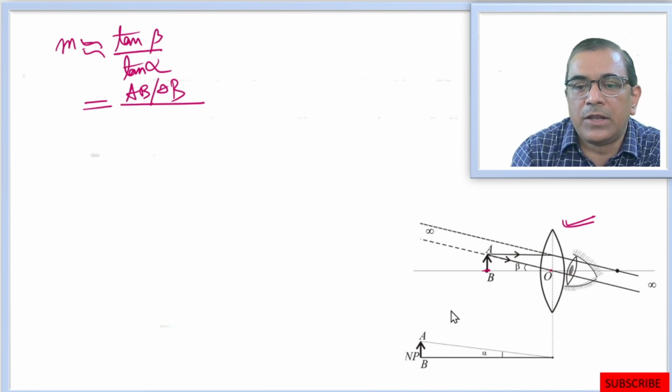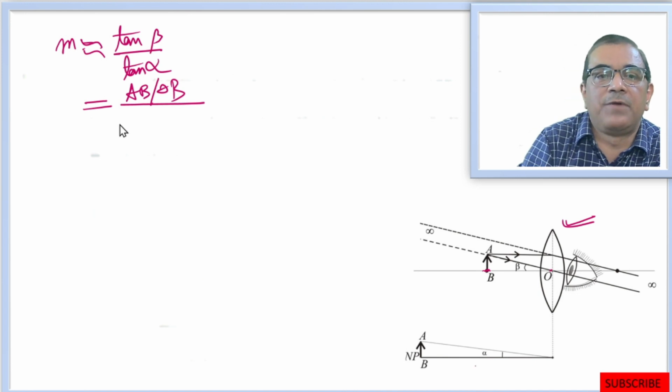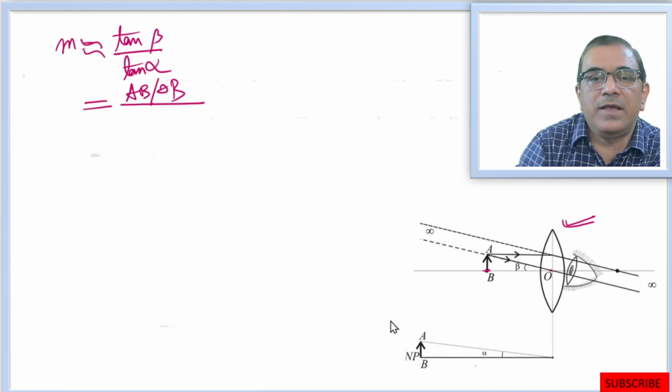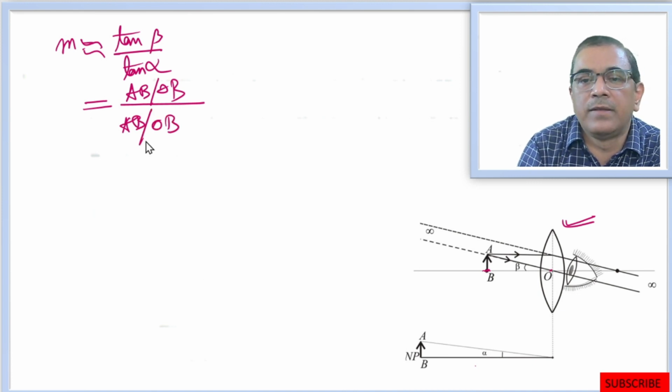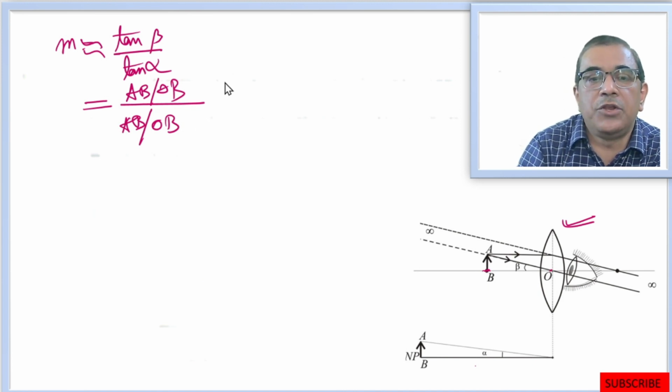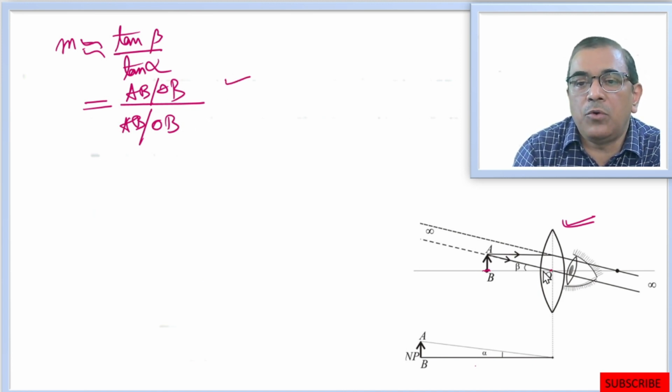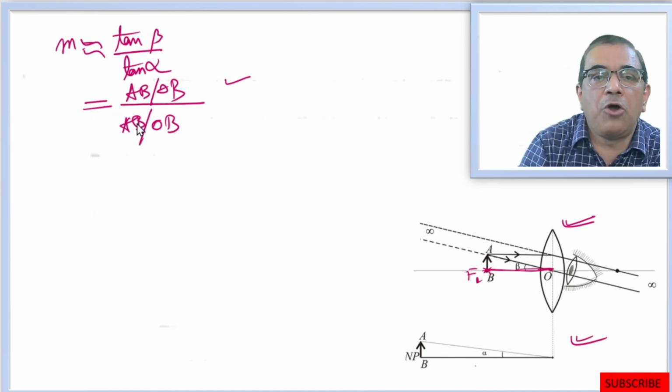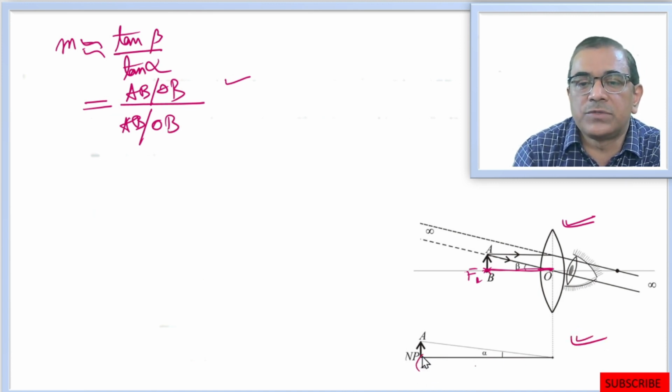Is it right? Now from this diagram I will be writing the formula for alpha, and this alpha is equal to AB by OB. Now here is an important point. Now in the numerator, OB is this distance, and in this distance B happens to be at the first focus of this lens. Is that right? And in the second figure, in the denominator, this point B refers to this point.